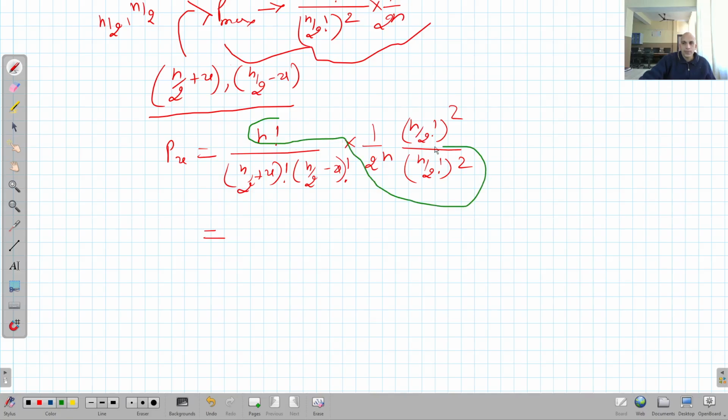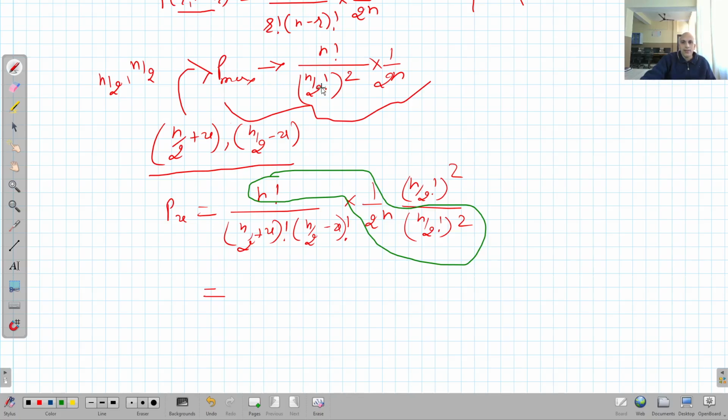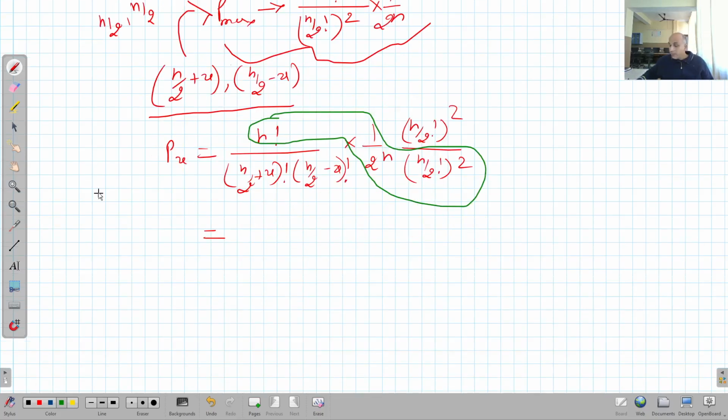This whole term is what? It is P maximum. You can see here it is n factorial divided by (n by 2 factorial) square into 1 upon 2 raised to power n. So it becomes P x is equal to P maximum into (n/2 factorial) square divided by (n/2 plus x) factorial into (n/2 minus x) factorial, right?